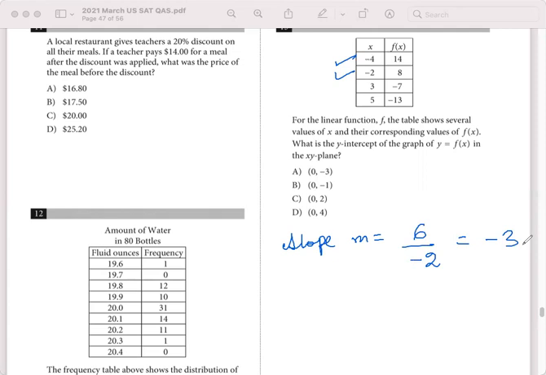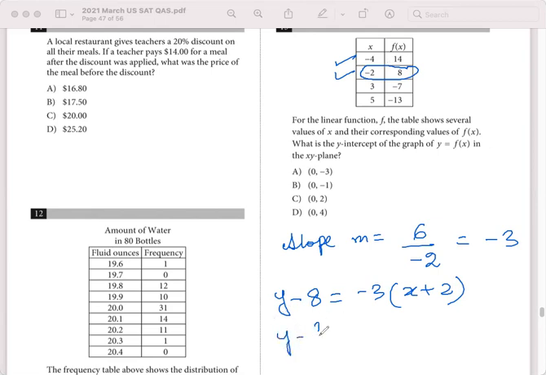And then let's work with this point. So I get y minus 8 is equal to minus 3 times x plus 2, right? So this is the point-slope formula. y minus y1, which in my case is 8, is equal to slope m times x minus x1, which in my case x1 is negative 2.